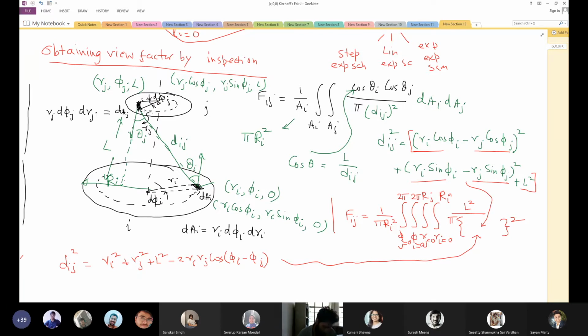Because now onwards we will not be trying to get our own view factors. We will try to read it from the textbook, from the formula, from the charts. But this is what people have done. So even entire books exist on calculation of view factors and their integrals, analytical integral, numerical integral, all these things.